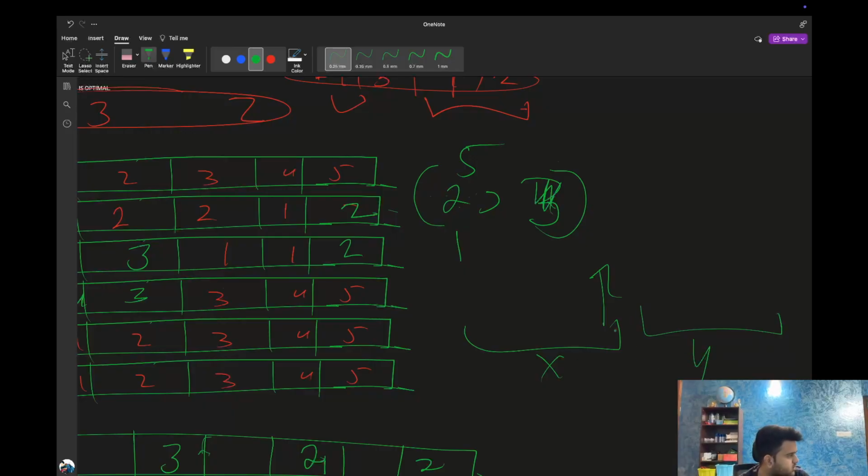Their difference should be at most what, 1, and right.